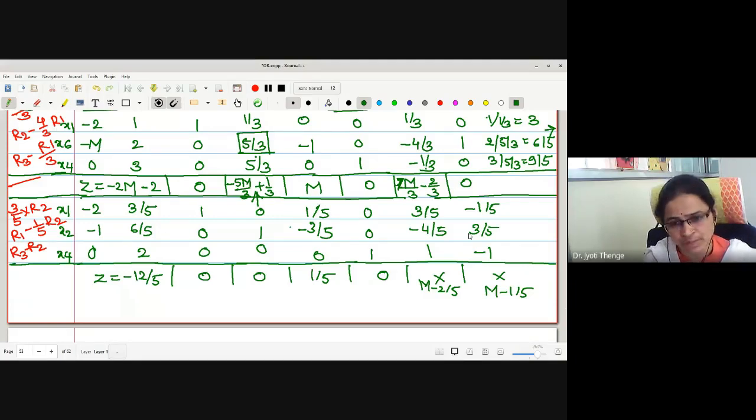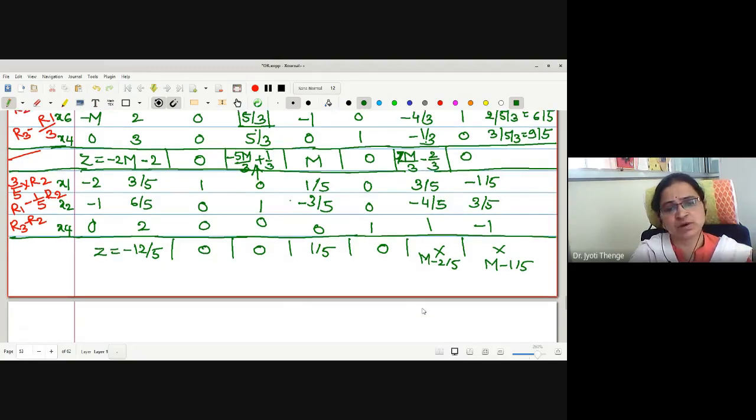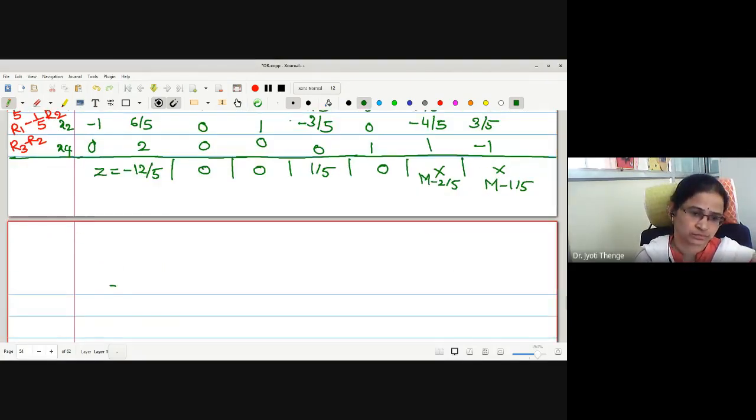Here we are going to stop the process, and if we observe there is no artificial variable appearing in the basis, therefore whatever is the solution obtained at this stage will be the optimum basic feasible solution.